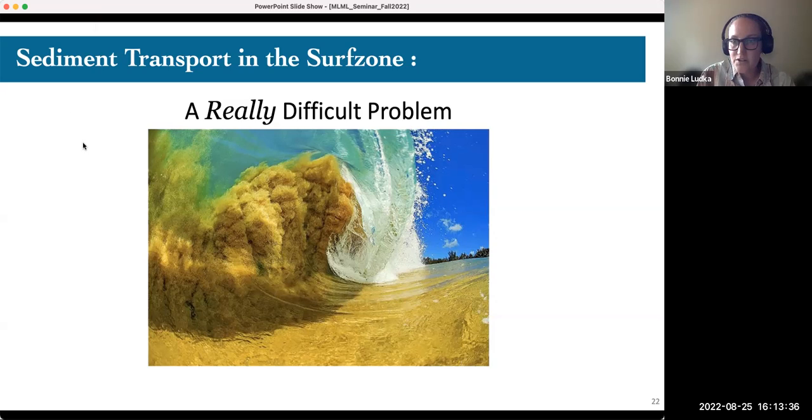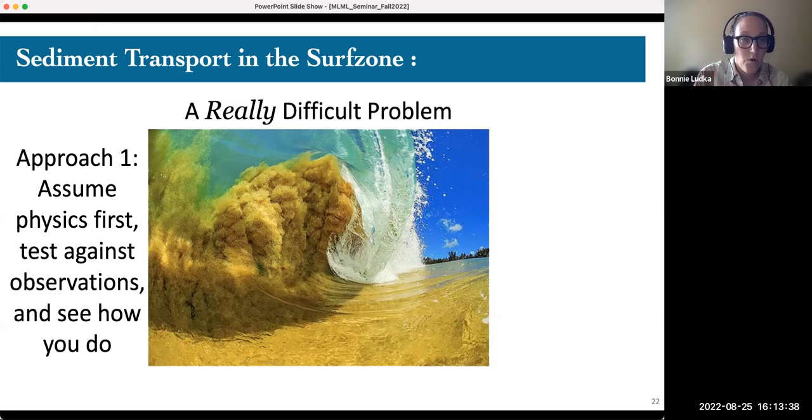There are a few different approaches you can take. One approach is to assume some physics first, because we don't have a Navier-Stokes equation equivalent for sediment, at least not a widely accepted one. So we can assume some physics first and then test that physics against observations and see how we do.